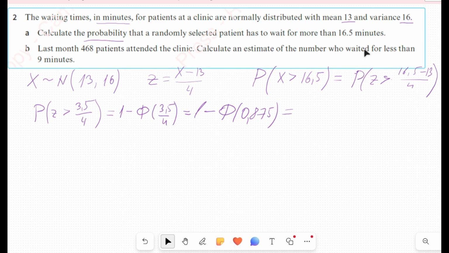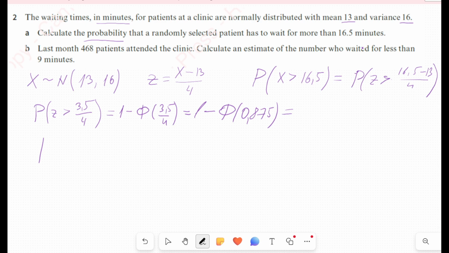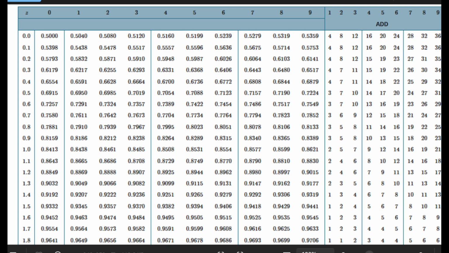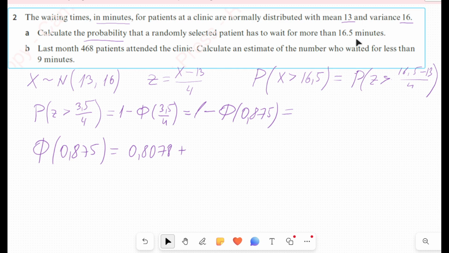Phi of 0.875 is 0.8078, plus, when you have phi, we need to add 14, the last two digits.